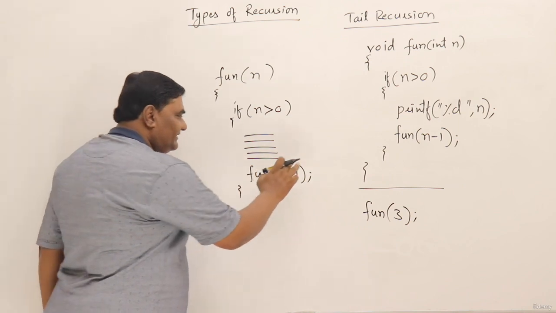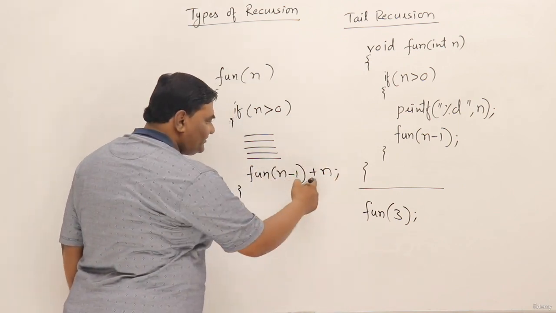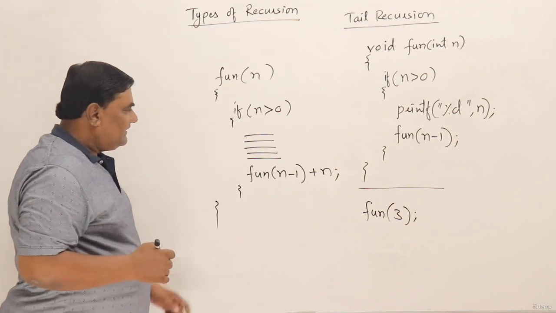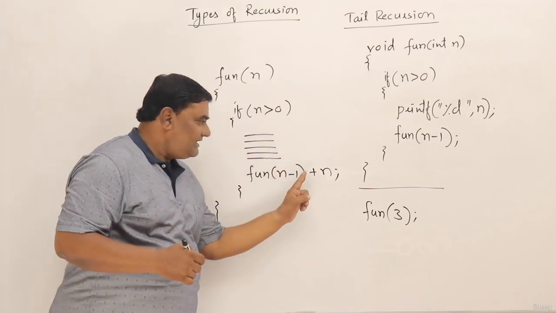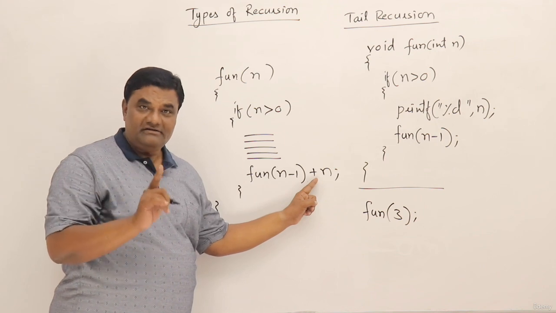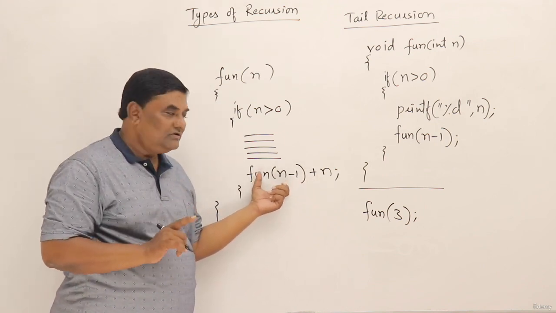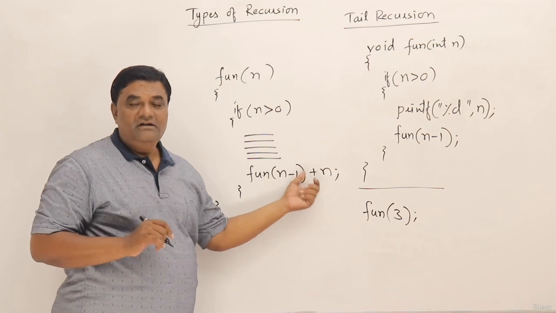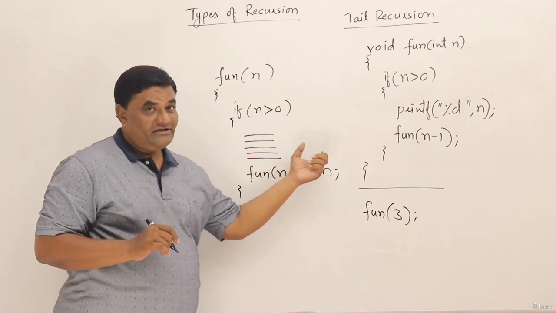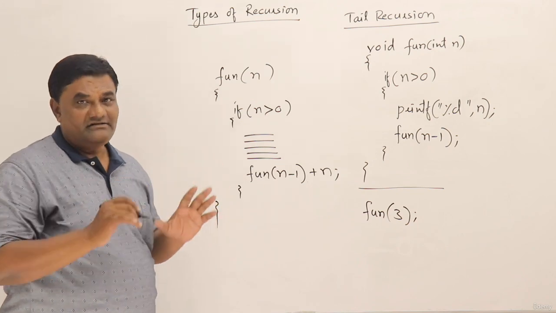Now suppose there is something written here, plus n, meaning along with the function call some operation is done. Then this operation will be performed at return time, because unless the result of this function is known, the addition cannot be done. The value of the function is added with n. So this addition can be performed only at returning time.